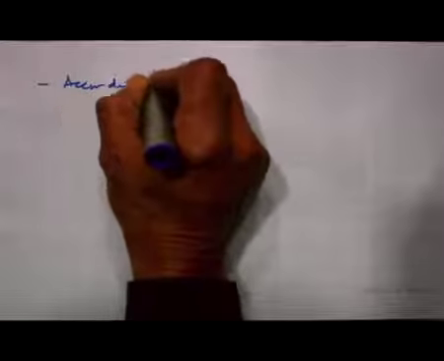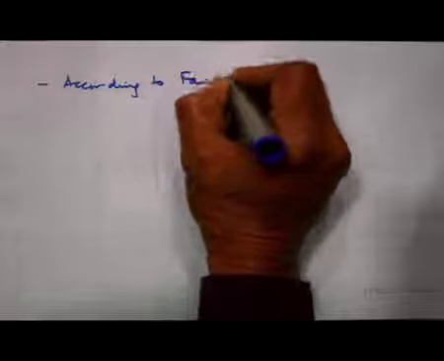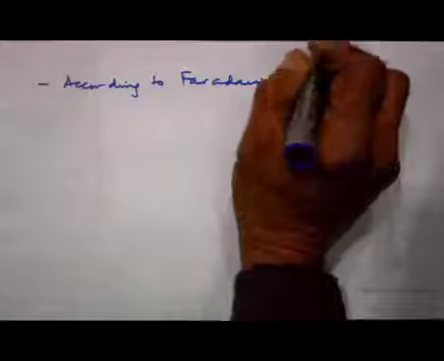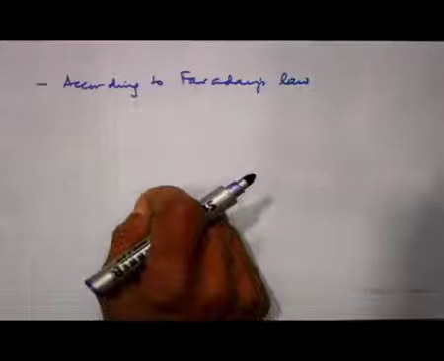So, when there is a flux enclosed by one circuit because of the other, let me recall this. When I have a flux passing through this, according to Faraday's law, a changing current in one of these coils should induce an EMF.